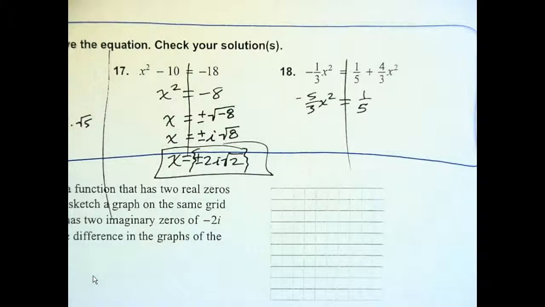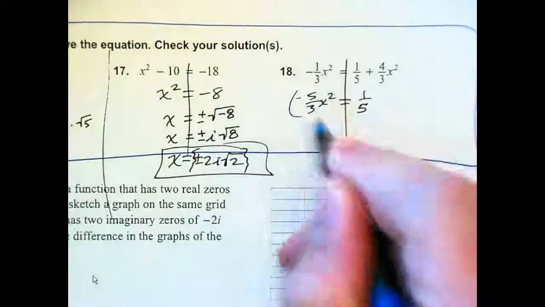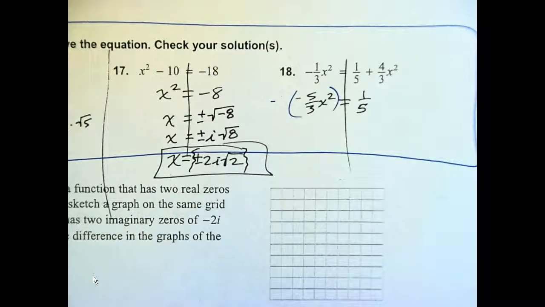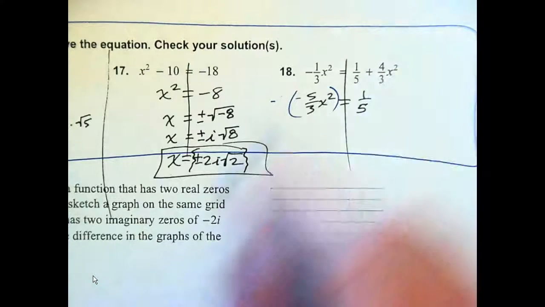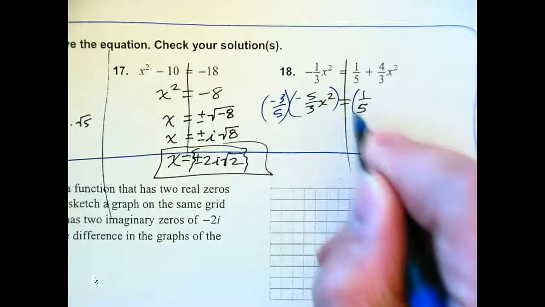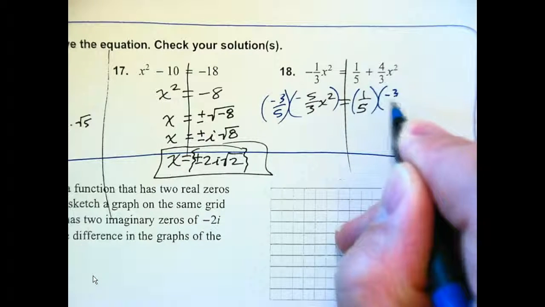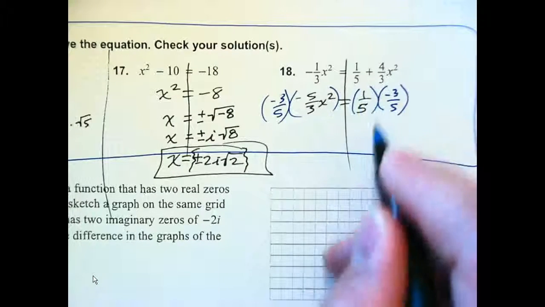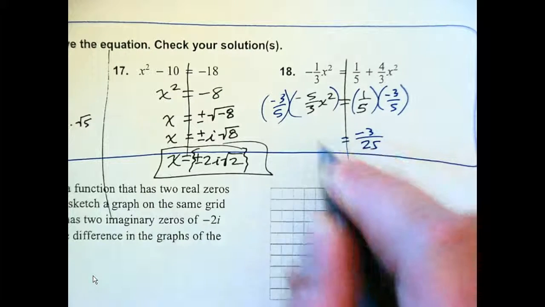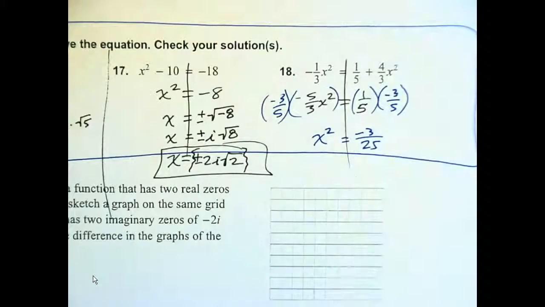Multiply by the reciprocal to get rid of the fraction. What's that? Negative 3 over 5, yes. And so when I multiply by negative 3 over 5, that ends up giving me negative 3 over 25, which is equal to x squared.